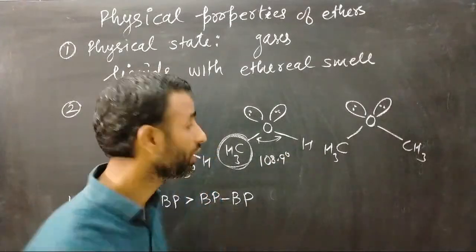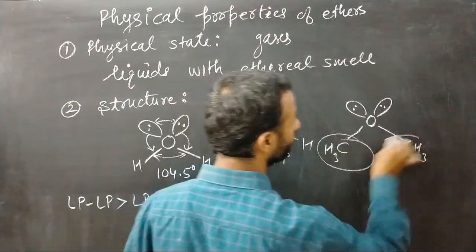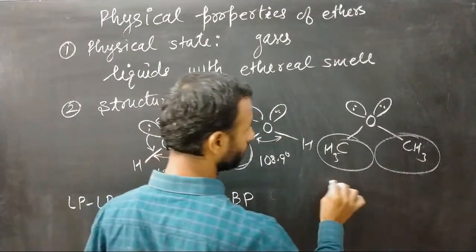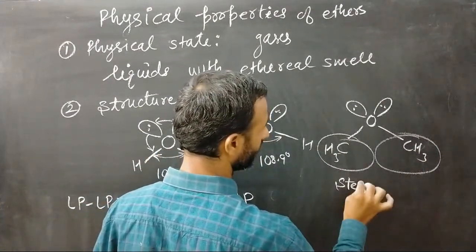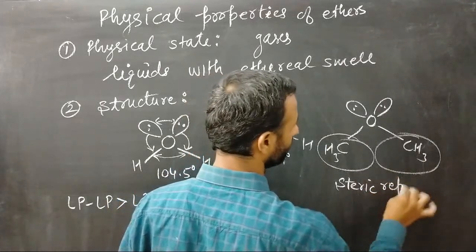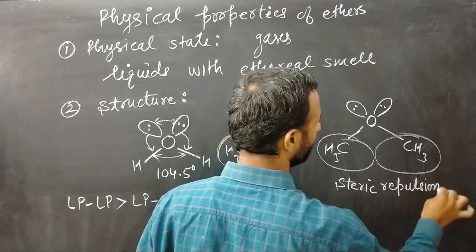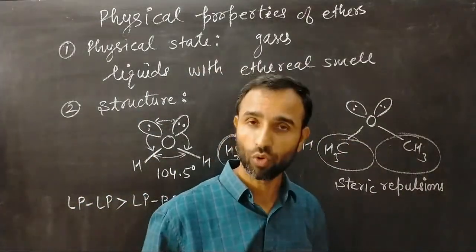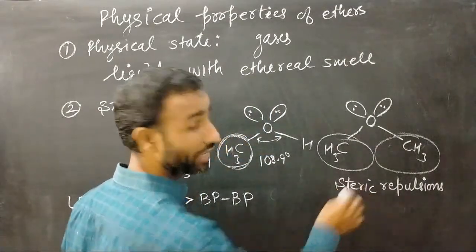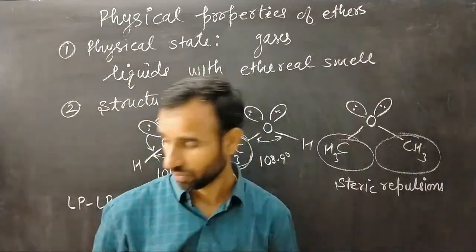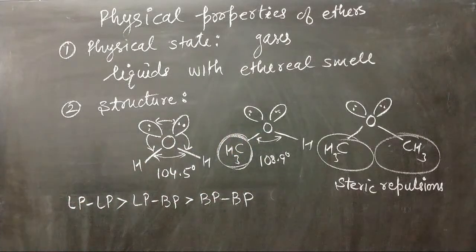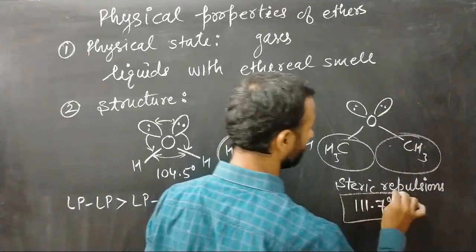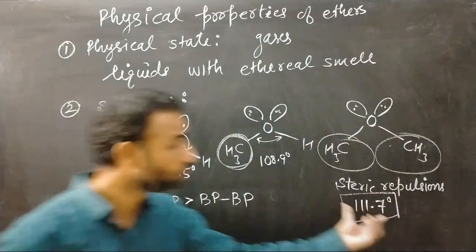But when we have bulkier alkyl groups on both sides, due to steric repulsions, or steric hindrance, which is more than the repulsion from lone pairs, the angle is more than tetrahedral, 111.7 degrees. Why is it more?